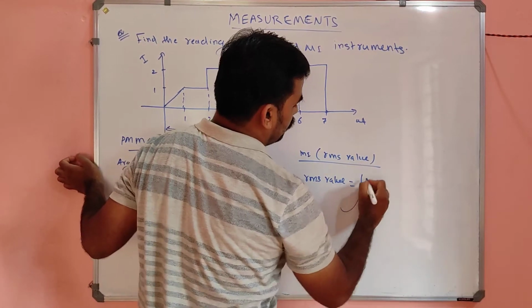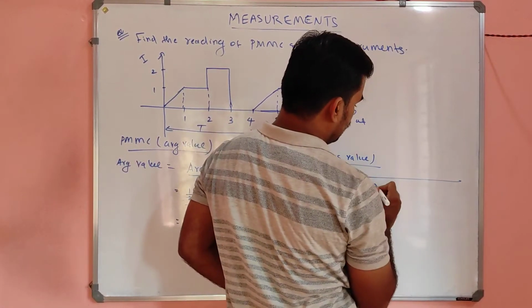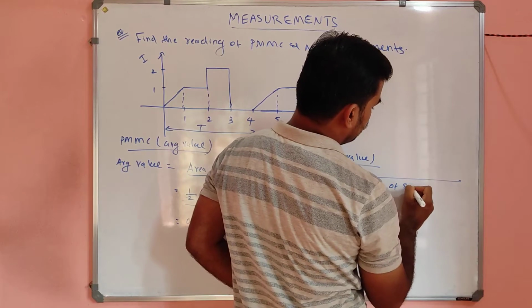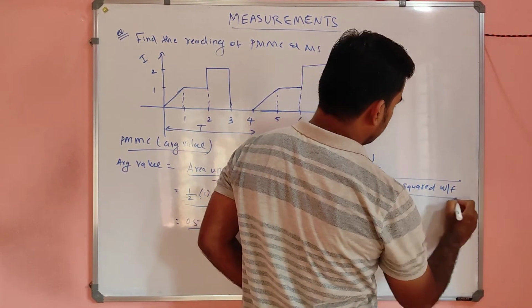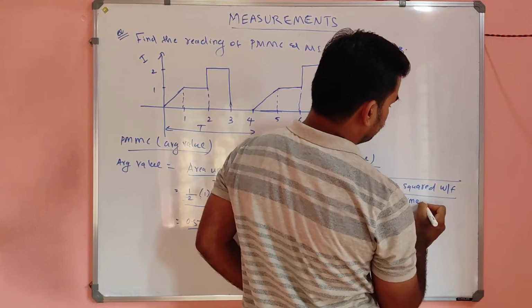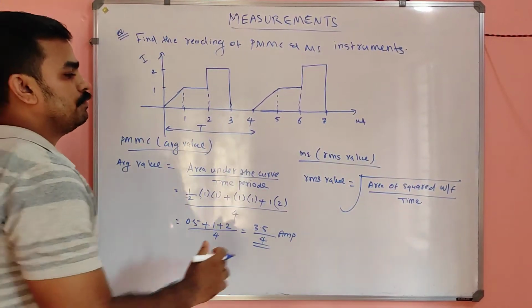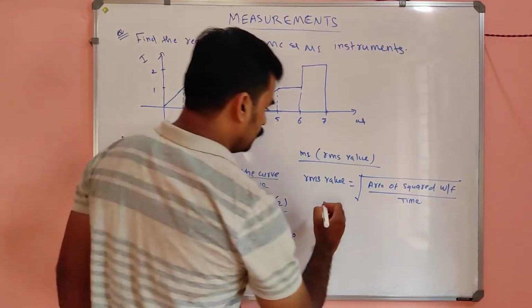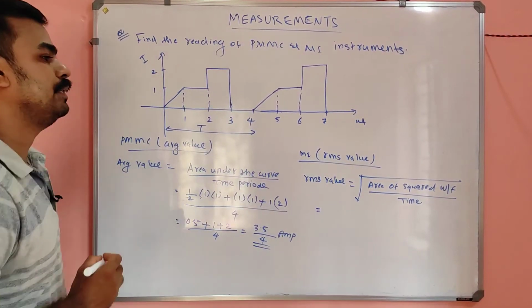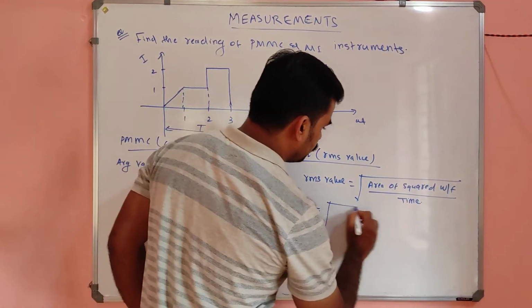RMS value will be equal to the area of the squared waveform divided by time. Is it correct? That will be the RMS value, which is nothing but the root of the area of the squared waveform.